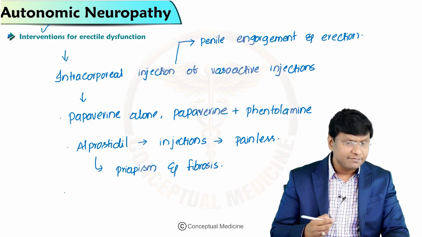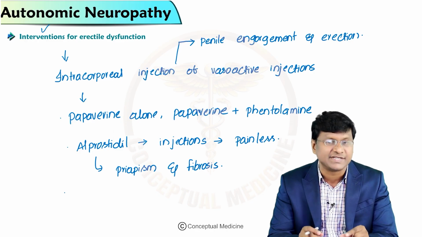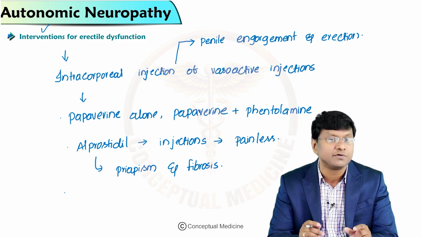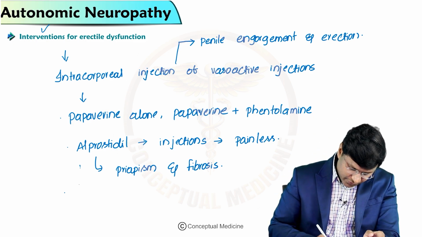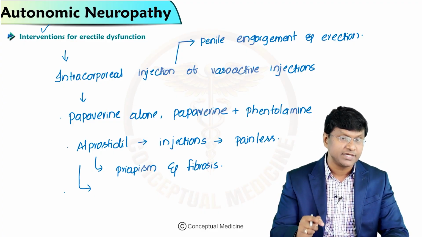Now, apart from these injections, intraurethral pellets of alprostadil avoid the problems of injection of the medication. So one method by which alprostadil can be administered is intracorporeal injection.